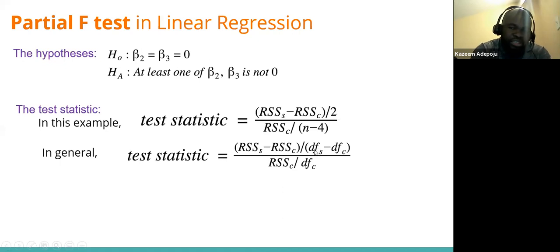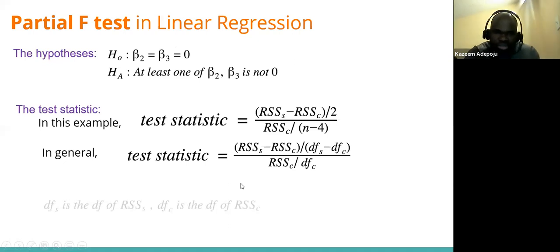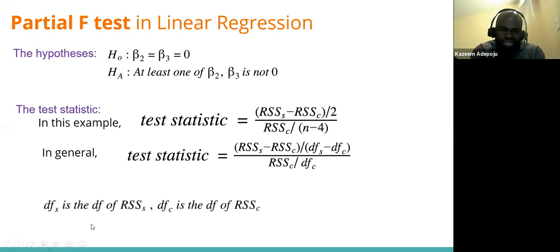The degree of freedom for the simple model, the degree of freedom for the complicated, the difference between that. That is 2. Or you can simply say 1, 2. No problem. And this is the degree of freedom for the complicated model. That's why I define that as that.